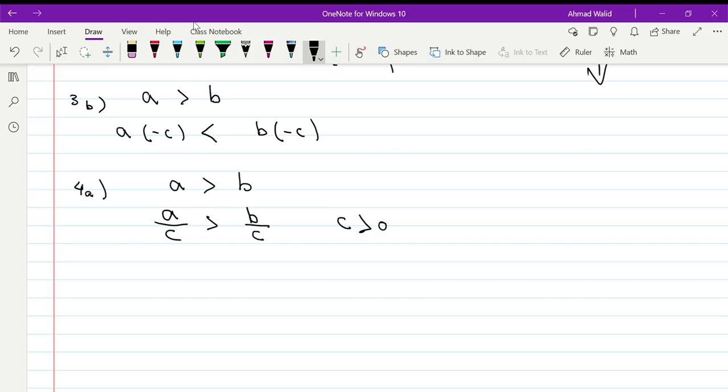But in 4b, if you divide one side with a negative number and the other side with a negative number, that means C is less than 0 here, correct? It's a negative number. You have to flip the sign.